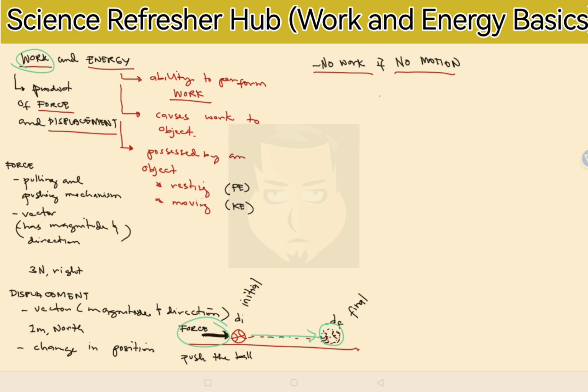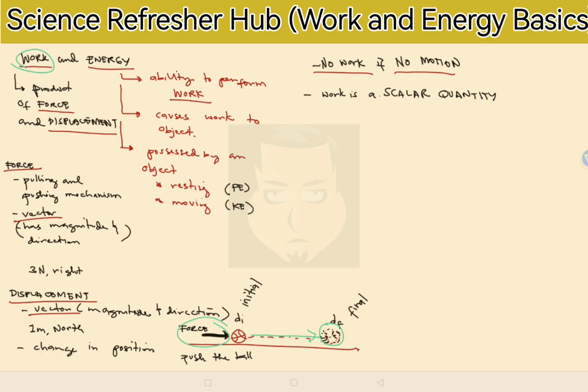Okay, another thing to know about work is that it is a scalar quantity. It might be confusing because we are dealing with vectors here, like with direction, right? Force is a vector, and we have displacement, a vector.